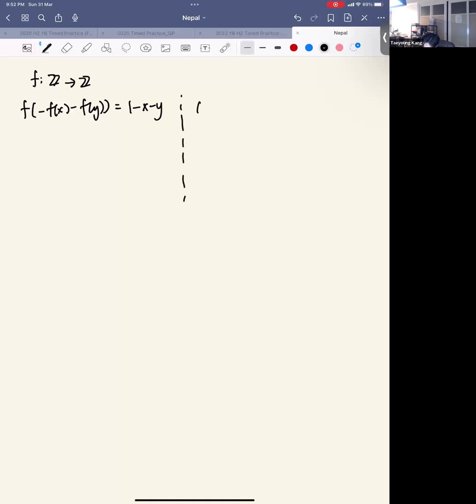P(x, minus x), right? What would that give us? That'll give us f(-f(x) - f(-x)) equals 1. So how would you proceed with this information?